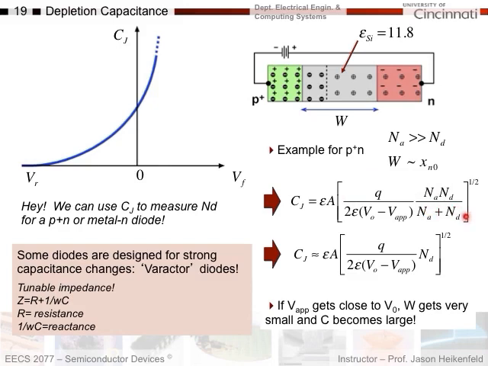So I can get rid of Nd. Then I end up with Na over Na, which cancels out, and I end up with just Nd. And so this simplifies to just Nd. And you see that your depletion capacitance is a function of voltage and N-type doping. And that makes sense because if this is heavily doped, all the depletion width is in the lightly doped side.